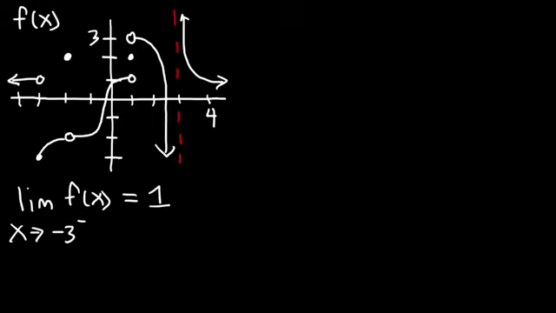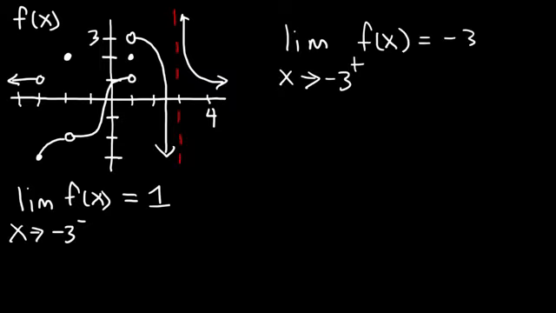Now what about from the right side? So you want to approach the vertical line at negative 3 from the right. So we've got to follow this curve. So notice that the y value here is negative 3. So therefore, the limit as x approaches negative 3 from the right side, that's negative 3.